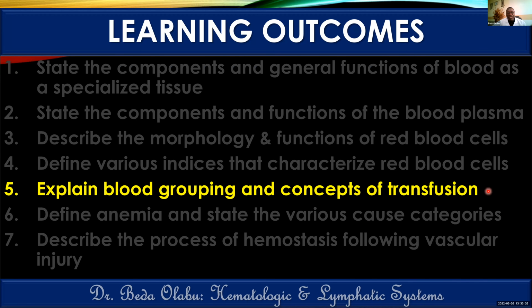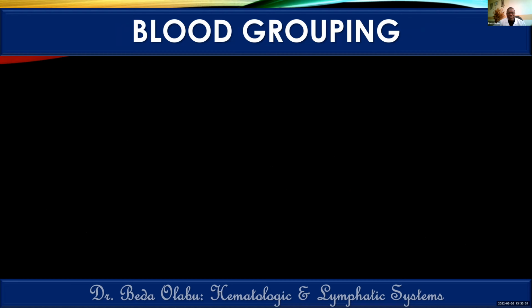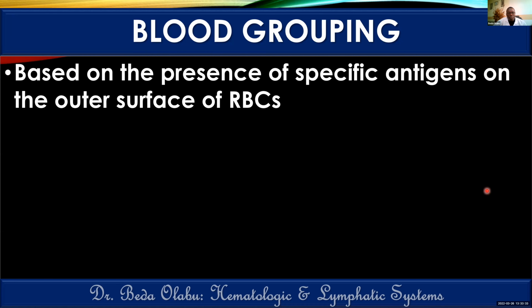Now let's explain what is blood grouping and also understand the concept of blood transfusion. Blood group is based on the presence of specific antigens on the surface of red blood cells. So red blood cells have some antigens on their cell membrane.